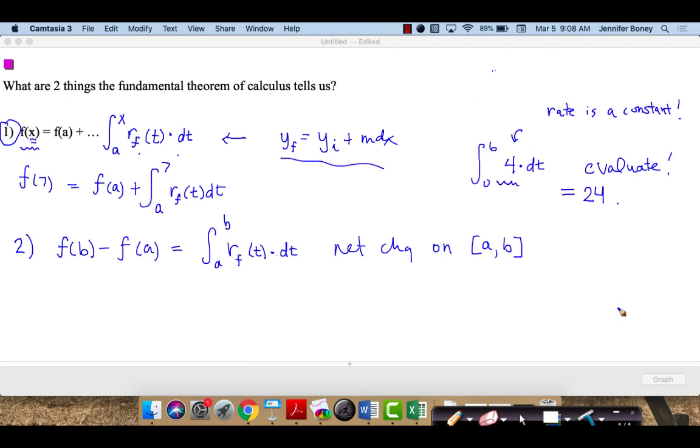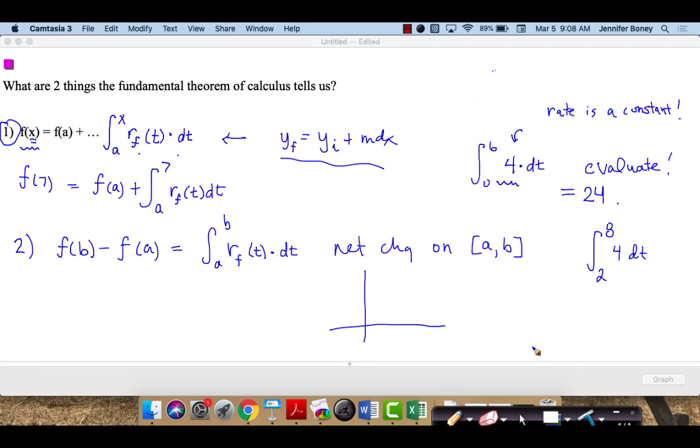Now, the value of this expression is 24 because I've got a constant rate that accumulates over 6 units left to right. Notice that would be the same if I had something like 2 through 8. Because it's a constant rate, it doesn't matter what interval I have specifically, just how long that interval is. I don't really know what linear function this is.